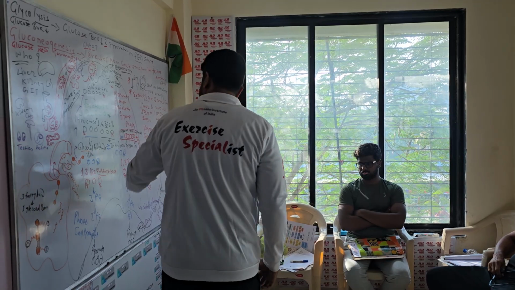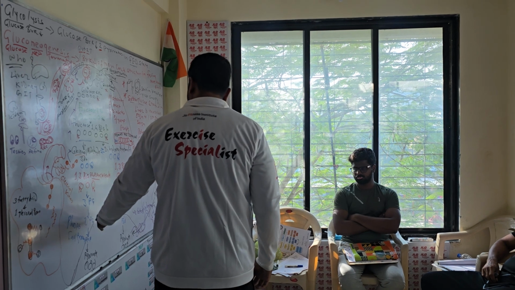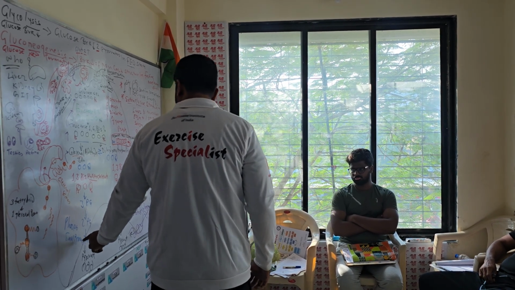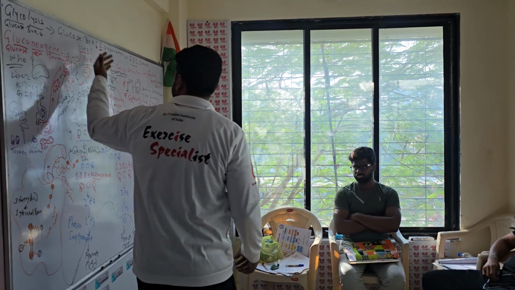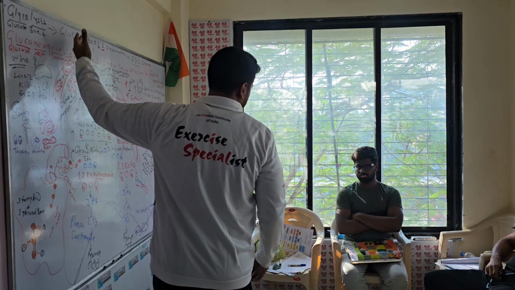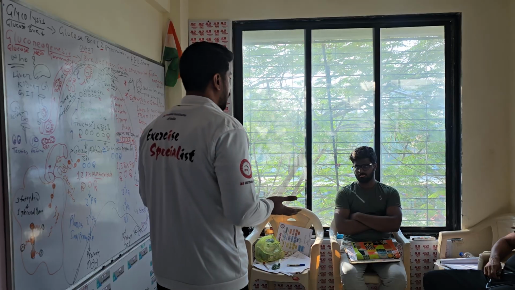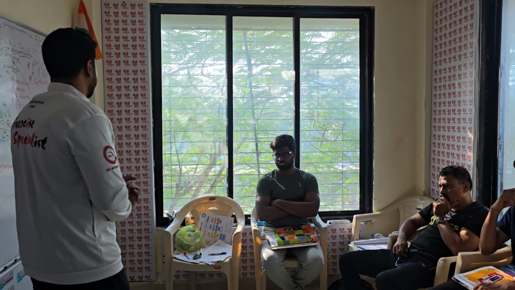Both sides are the same, and then comes 3 phosphoglycerate, then 2 phosphoglycerate, and PEP, phosphoenolpyruvate, and finally pyruvate, 2 pyruvate. This is the total process of glycolysis, glucose to pyruvate, and later it is converted to acetyl CoA and goes to the Krebs cycle to make ATP for quick energy.